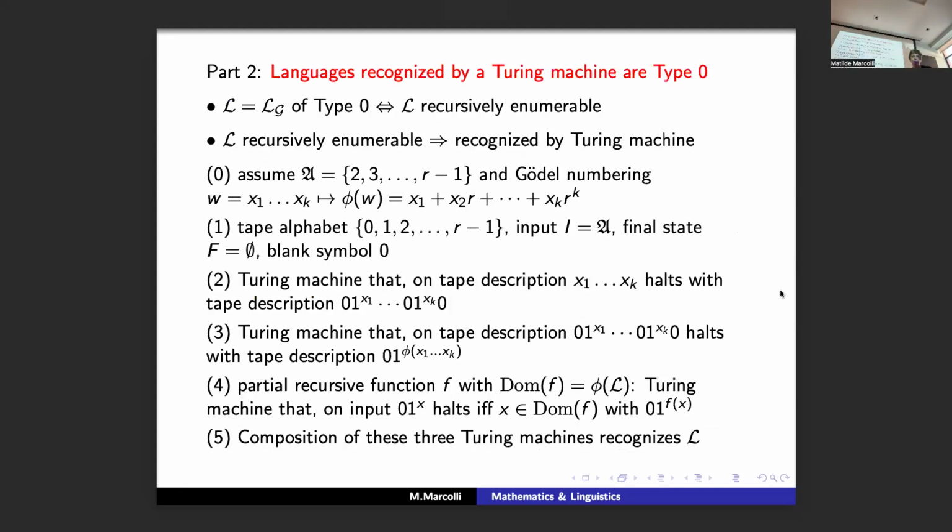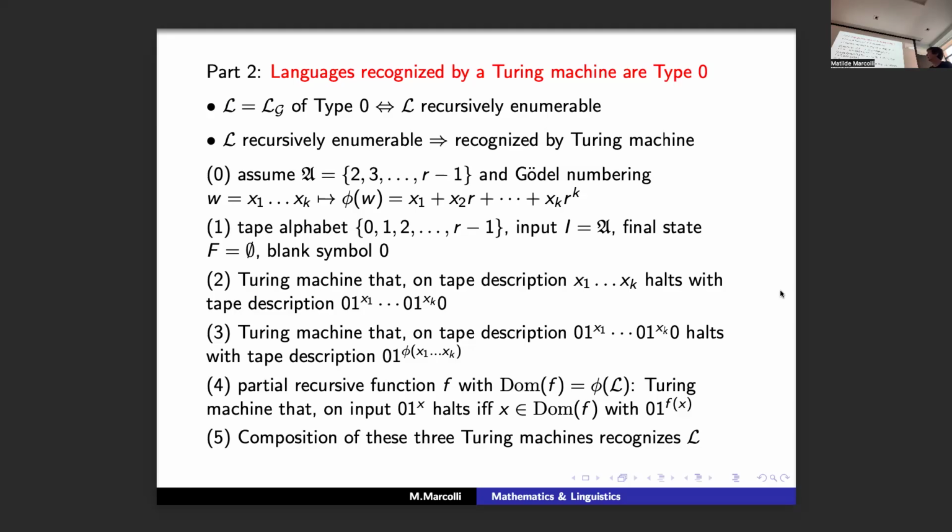And so if you characterize type 0 in terms of this recursive enumerability, then the recognition by Turing machine is basically built out of a few operations. There is this idea of assigning some kind of Gödel numbering that refers this to functions on the integers that are characterized by this recursive enumerability.